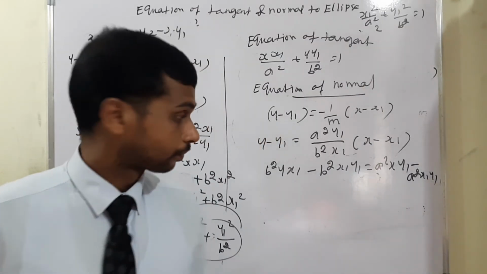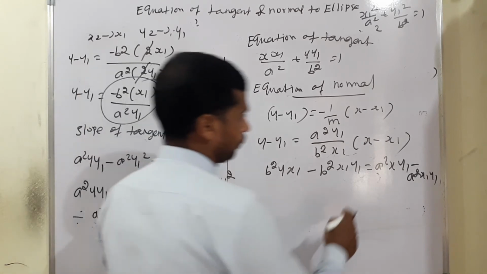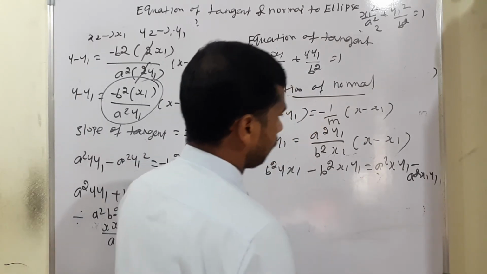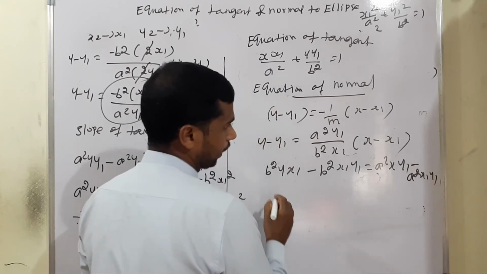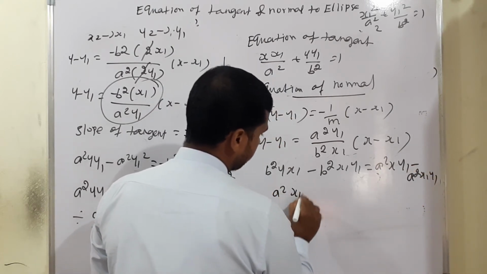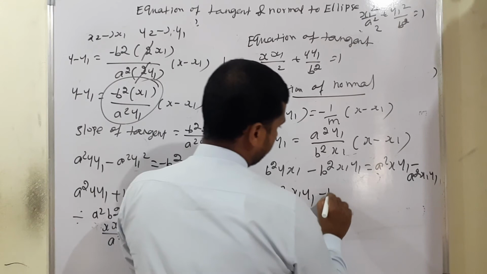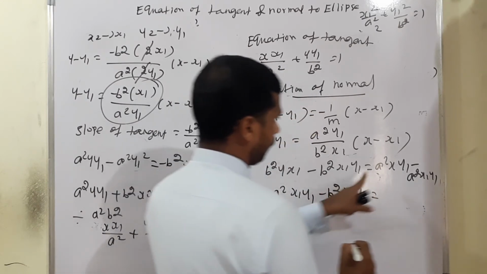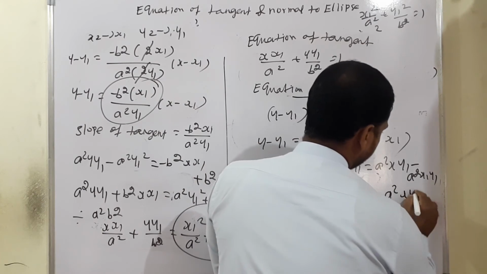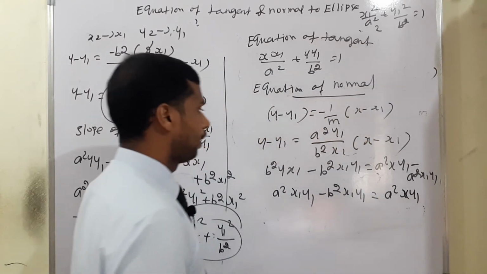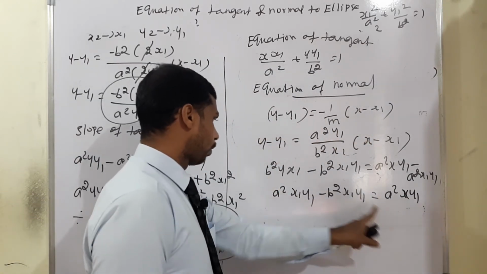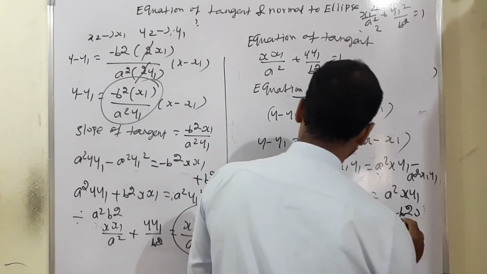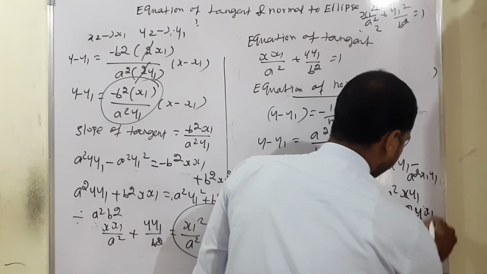Now left hand side we have to keep the value. This is the negative value, bring out opposite side, we can write a square x1 y1 minus b square x1 y1 is equal to a square x y1, then plus term bring out opposite sign, minus b square y x1.